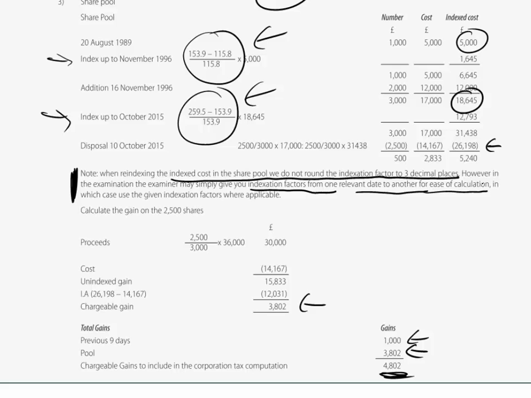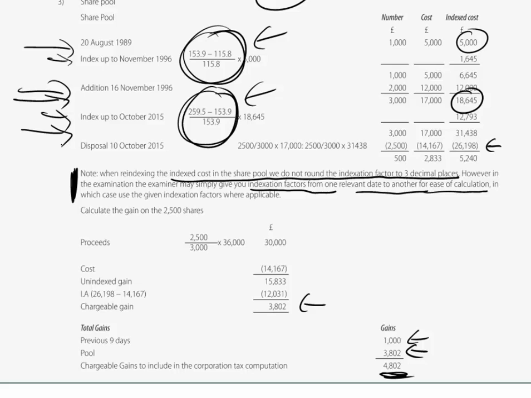So rather than telling you here the RPIs as we've done there, he might give you an indexation factor to November 96 from August 89 and give you a further indexation factor from November 96 through to October of 2015.